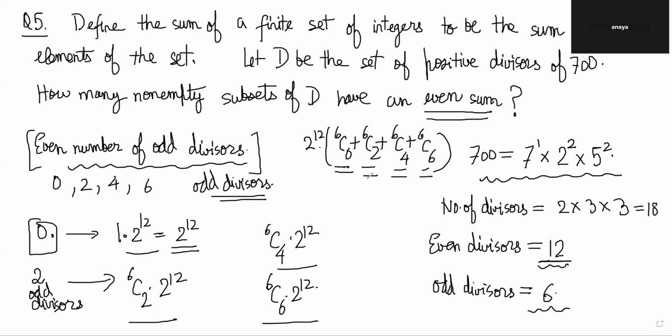What is 6C2? 6C2 is 6 factorial over 2 factorial times 4 factorial, so 6 times 5 by 2, which is 15. So 15 plus 15, and you add the 1, so 32. I didn't add the 1. I think in the past problems we multiplied them. I just messed it up.